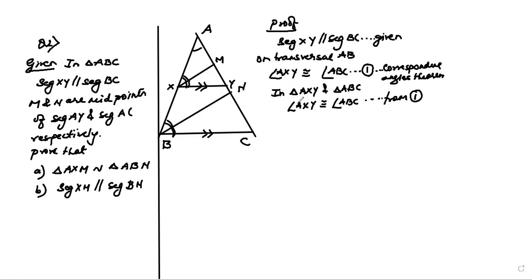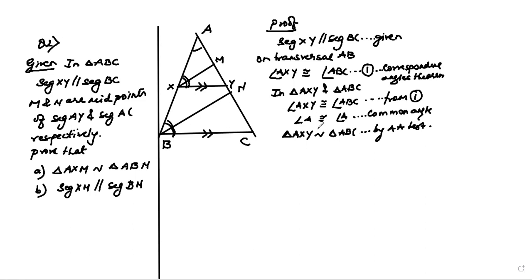Then angle A is congruent to angle A, it's a common angle, children. So both the triangles are similar. Triangle AXY is similar to triangle ABC. The reason is the AA test.